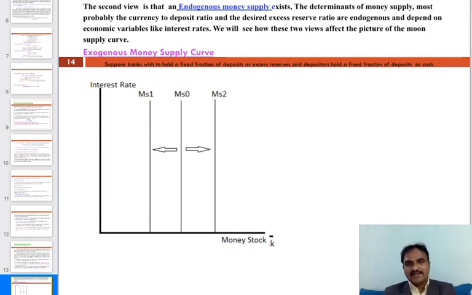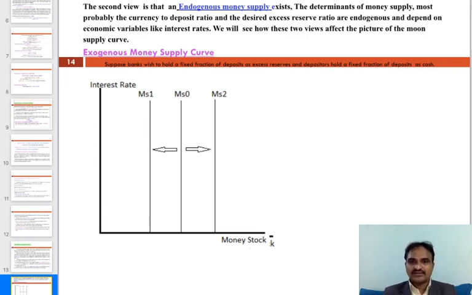The money supply increases or decreases with changes in the interest rate, currency deposit ratio and desired excess reserve ratio. If the monetary base is increasing, and the currency deposit ratio, excess reserve ratio and required reserve ratio decrease, what will happen? The supply of money curve will shift rightward.